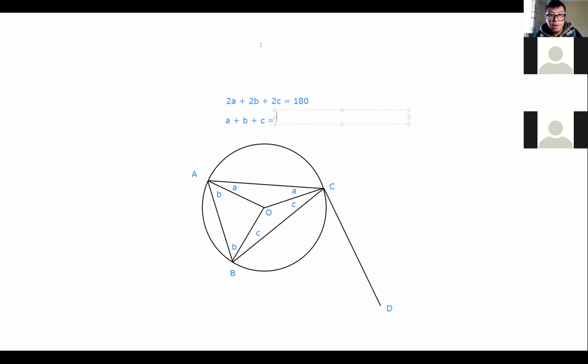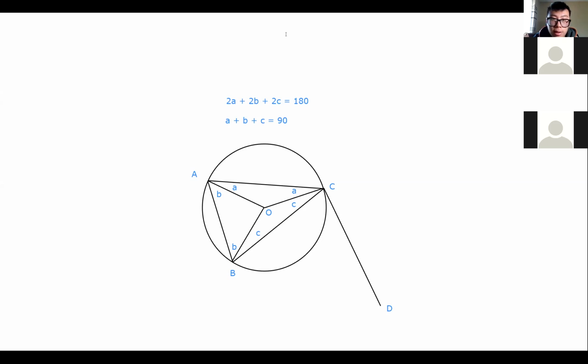Okay, so now how does this expression help us? Let's use another property of circles that I've mentioned before. If you remember, the tangent line is always perpendicular to the radius of the circle at the point where they intersect. So that means the angle that is made with OC and CD is 90 degrees.